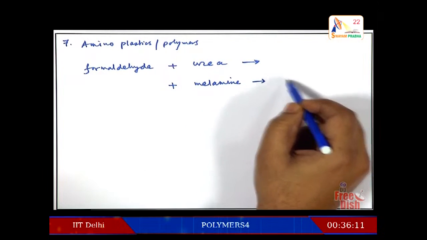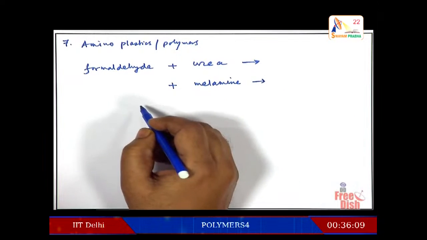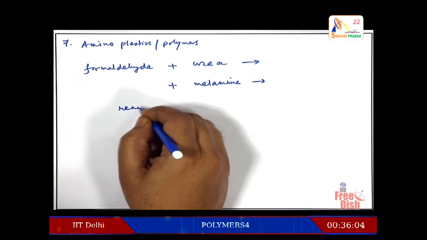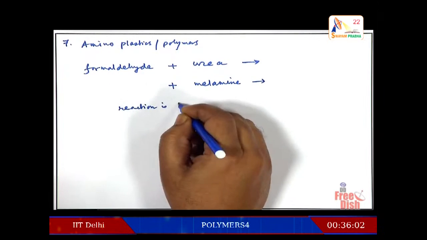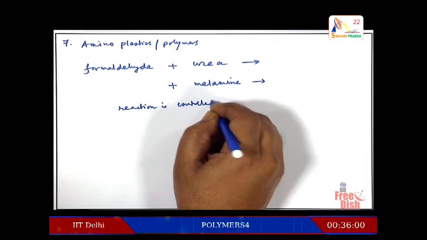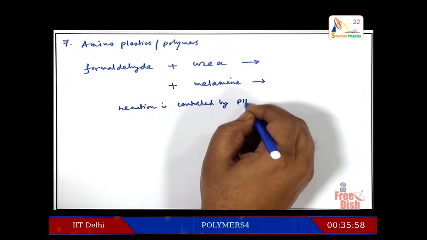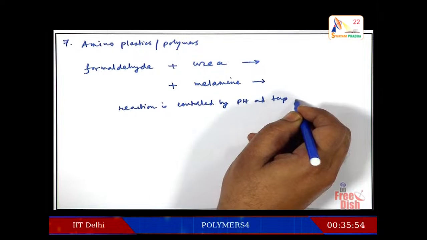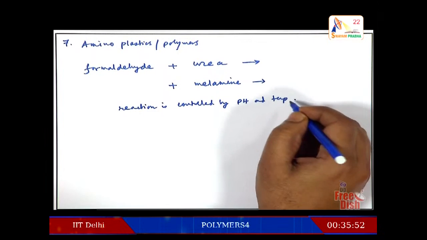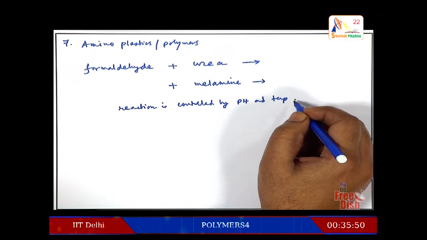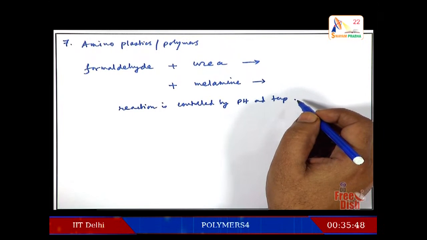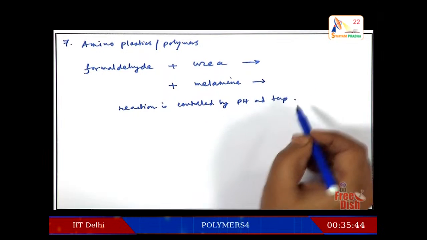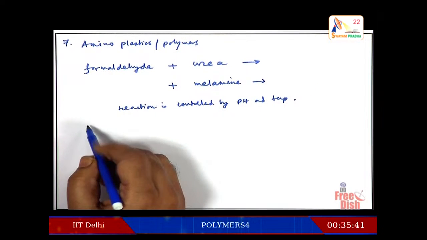So, you get again cross link product, and the reaction is controlled by pH and temperature of the medium. And the reaction is stopped by cooling down the temperature and bringing the pH to near to the neutral pH.